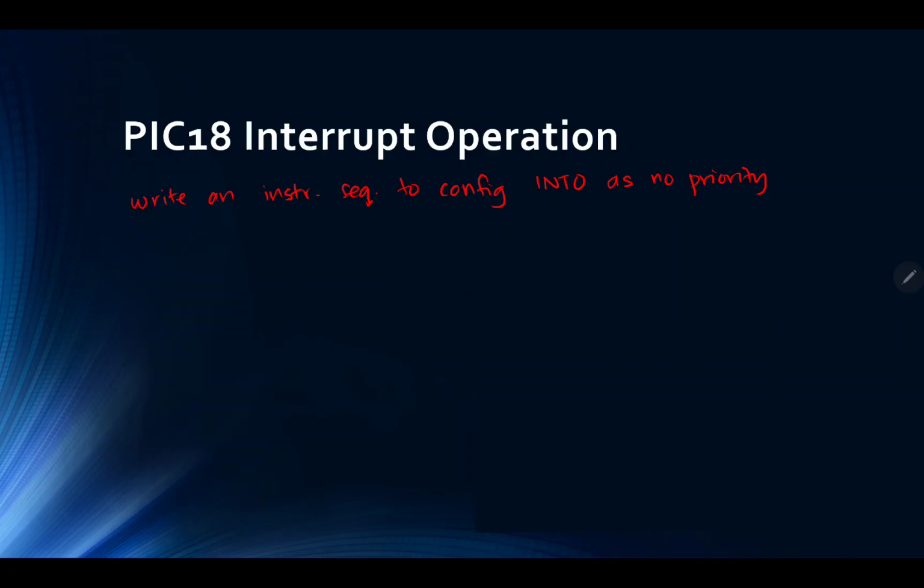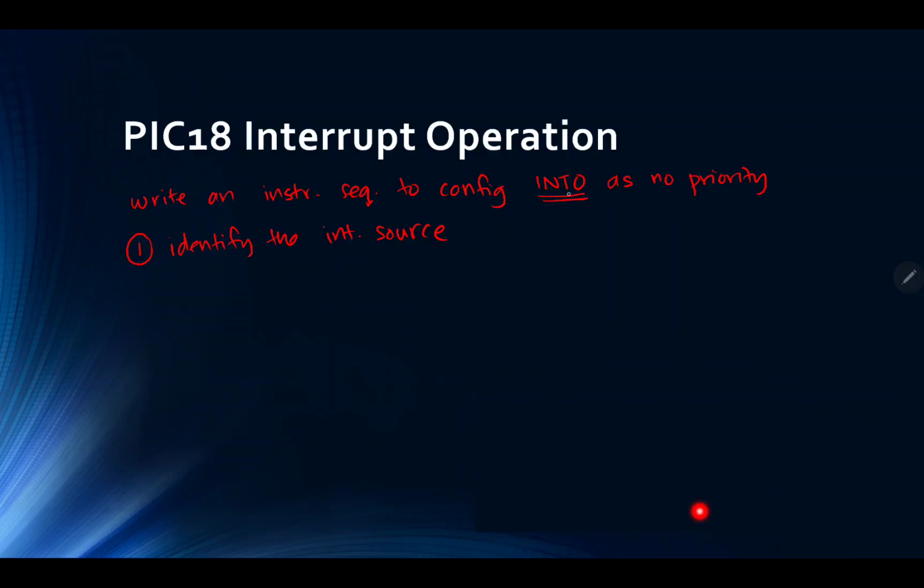So whenever you see such a question, the first step is you have to identify the interrupt source. So how do we know what is the interrupt source here? Look at this. This is INT0, right?